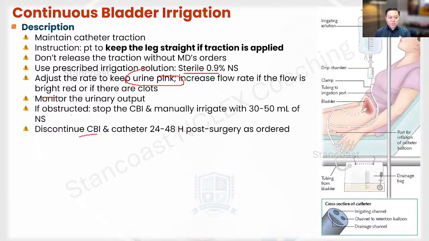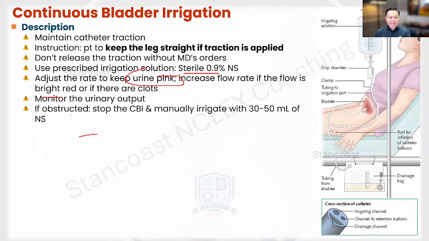At that point, so this is, let me backtrack here. By the time when there is blockage, you're going to turn off first the CBI, okay? And then after that, you're going to have to deal with manually irrigating the system, okay? And if it's resolved, if there is now an outflow, then you can proceed with the CBI.